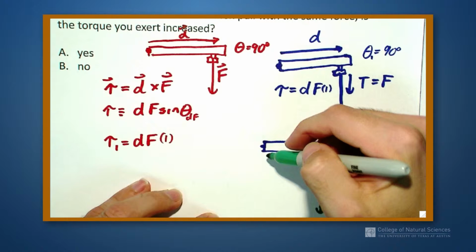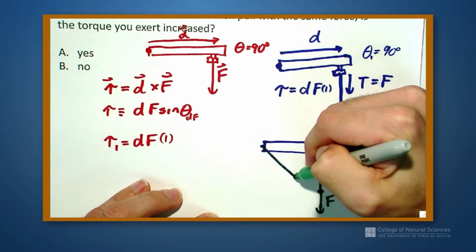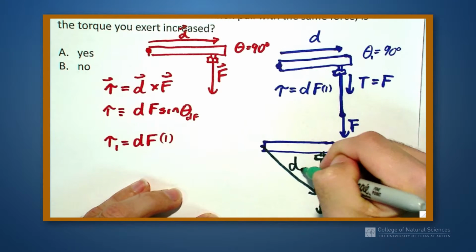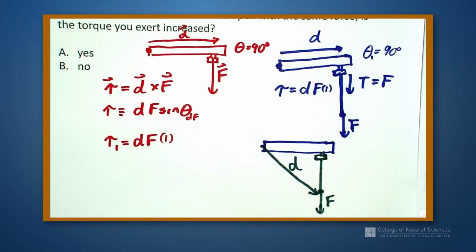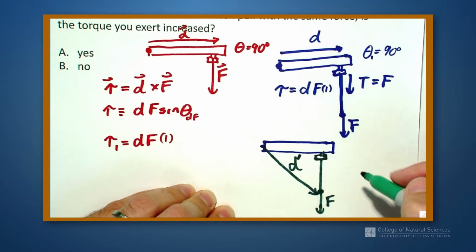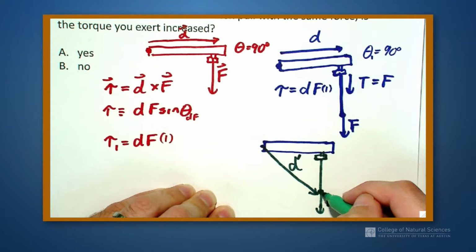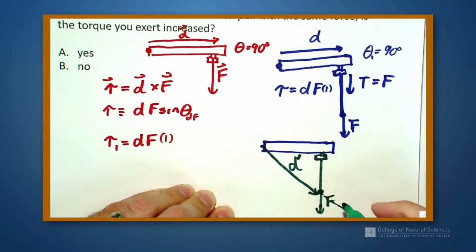Well, in this case, my distance is going to be that long distance here. And I know that my force is attached at that point. So I have to ask myself, what is the angle that I need?